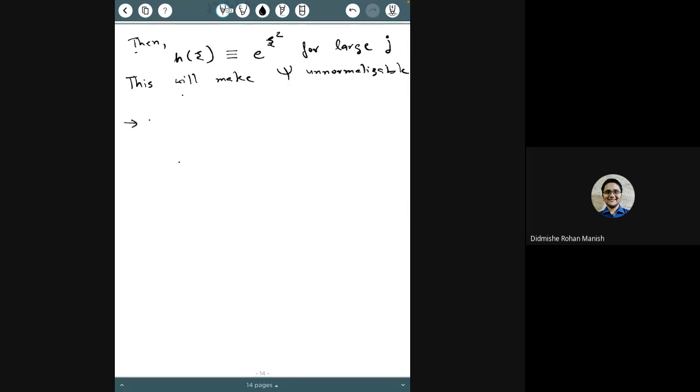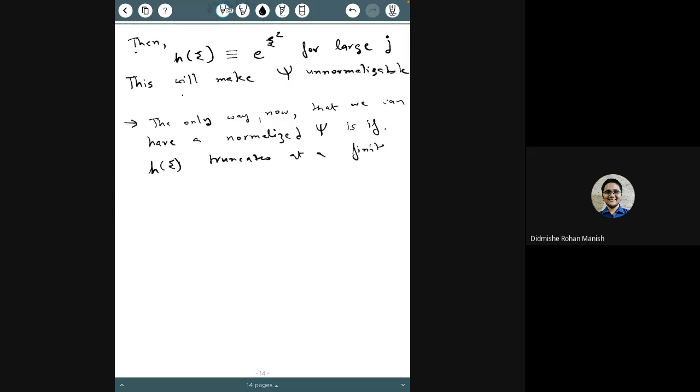The only way that we can have a normalized psi is if h(xi) truncates at a finite power. So this is finally the crucial point, that it has to truncate at a finite power.